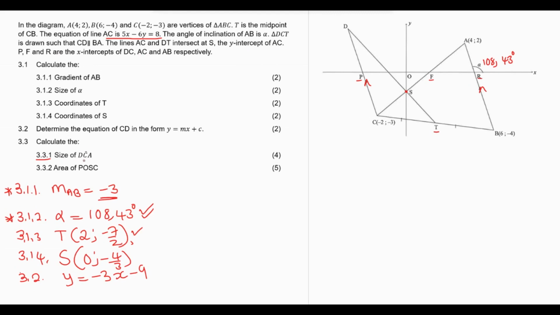Alright, we want to find the size of angle DCA. So we want to find the size of this angle here. What we can do is find the gradient of AC using this equation. Then after finding the gradient of AC, we can find angle AFR.